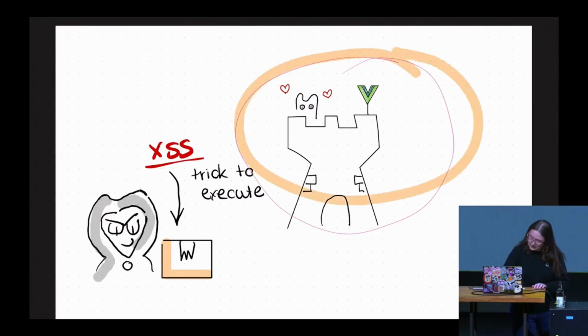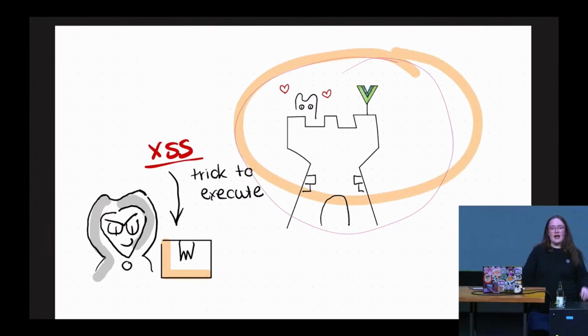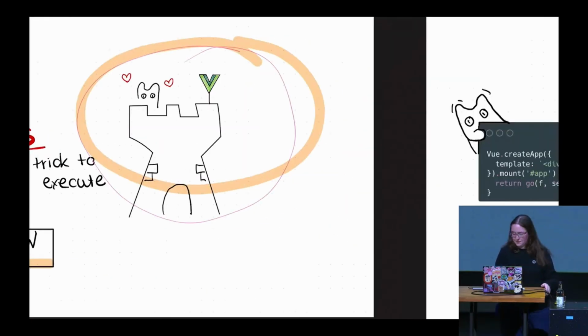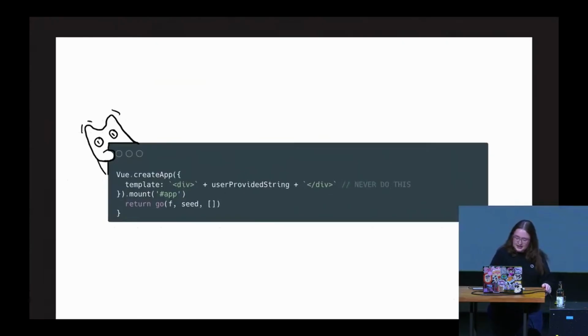Let's make it a little easier. And yes, Vue is already protecting us a little bit. However, there are some edge cases you need to be aware of where the automatic escaping might not be in place. The first one is an obvious one, and this is taken from the Vue documentation, but I cannot stress it enough.